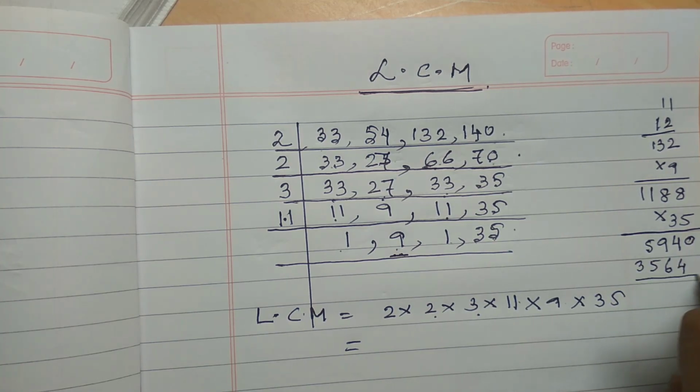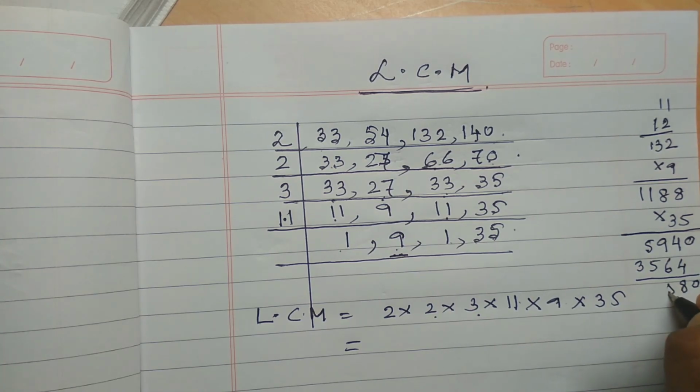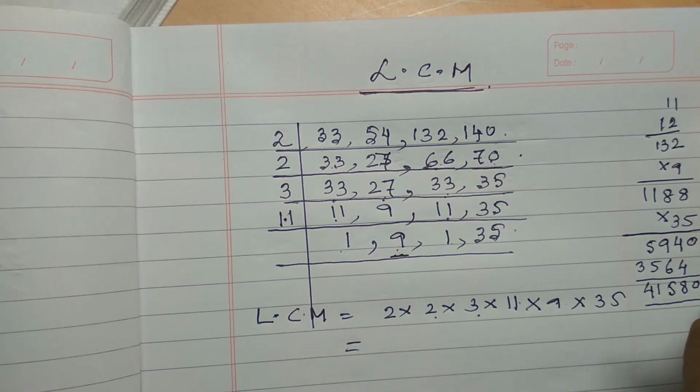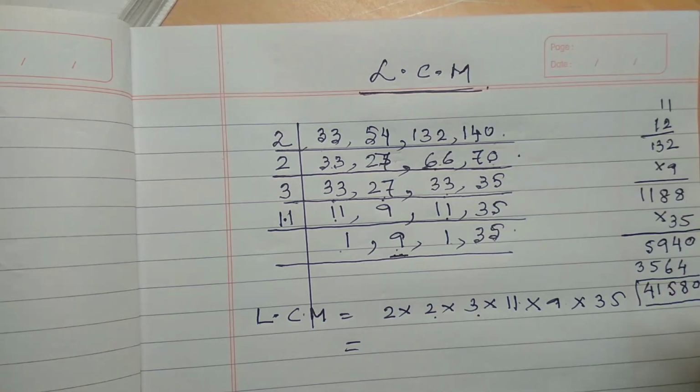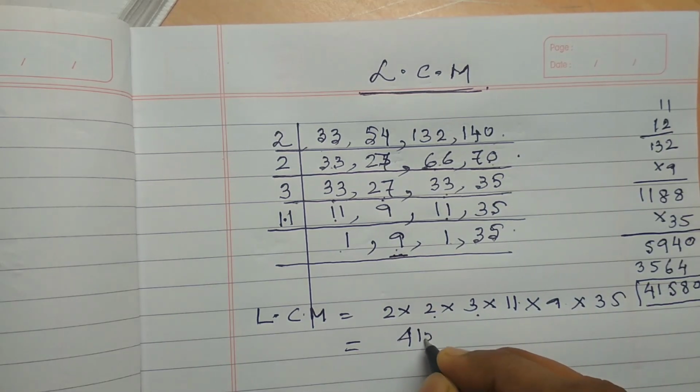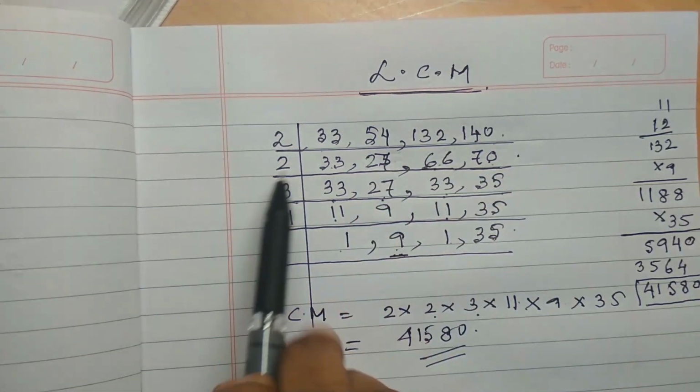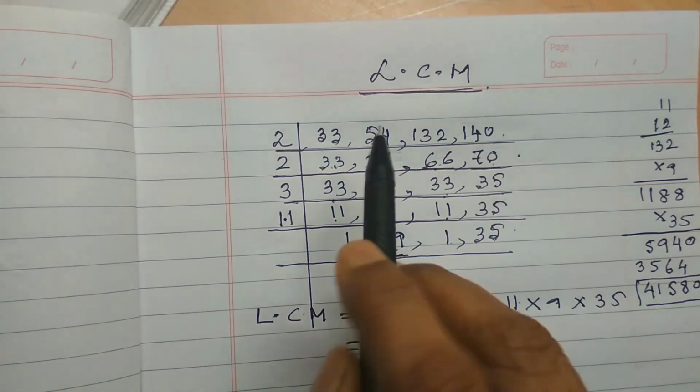So the total is 41580. So here it is 41580.